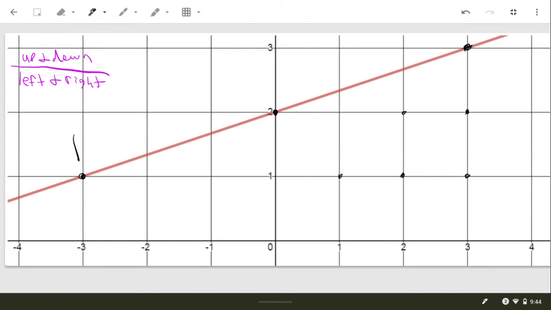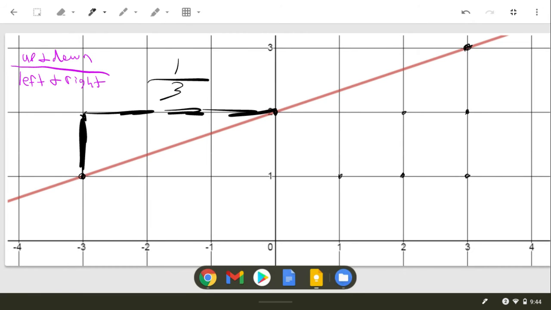So like this one here is -3, 1. The one in the middle is 0, 2. And so you're looking for those whole number coordinates. And then you can just do it like normal. The top number of the fraction is 1. The bottom number of the fraction is 1, 2, 3. All right, nothing to it.